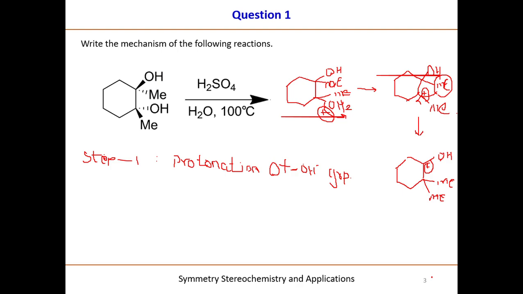Now after formation of this carbocation, the next step is deprotonation. In the deprotonation step, the hydroxy group proton is removed to give the carbonyl group.